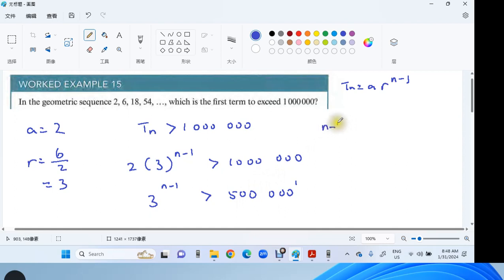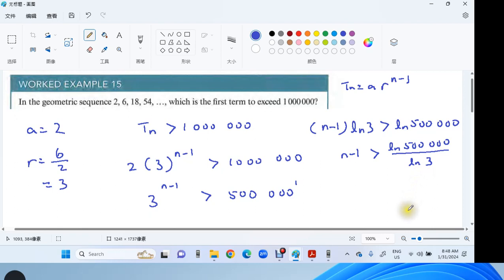So we have n minus 1 ln 3 greater than ln 500,000. So the n minus 1 will be greater than ln 500,000 divided by ln 3.